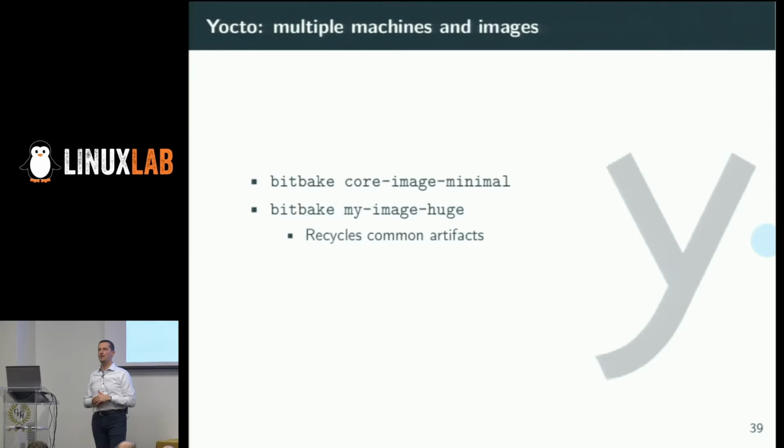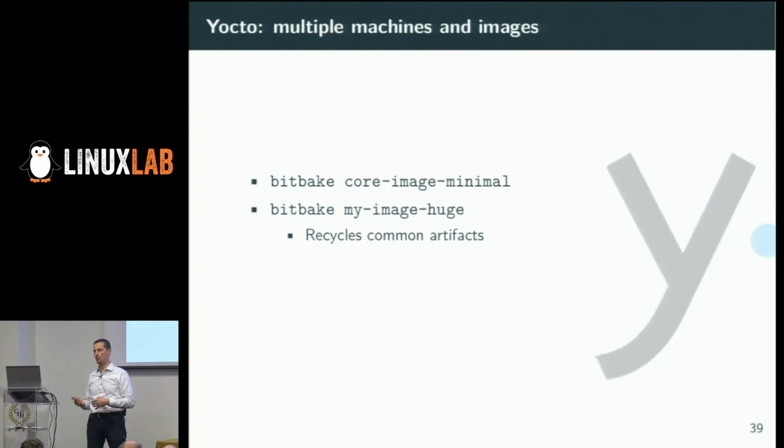With BitBake, it is completely different. It cannot run multiple instances at a time, but it's mostly unneeded because it reuses build artifacts very effectively. For example, when you build your core-image-minimal, after the build, many packages have been built, and then you want to build another image, my-image-huge, which contains much more software. In that case, all of the packages that are common to core-image-minimal will be recycled. They will not be rebuilt.